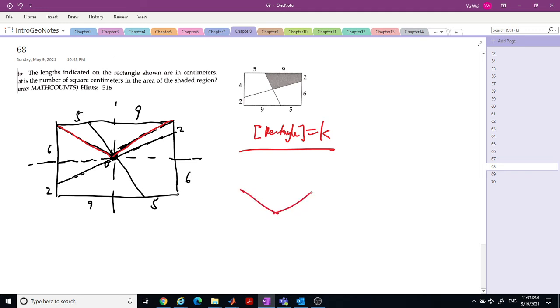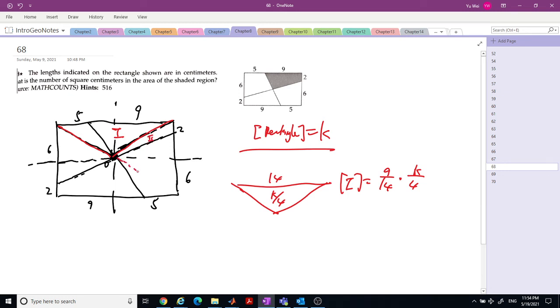So the triangle of this is 14, a quarter of K. So you can see piece 1 is 9 over 14 times 1 K over 4. And we can see piece 2, right?